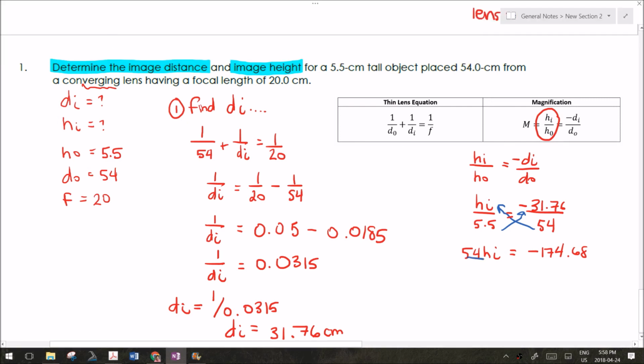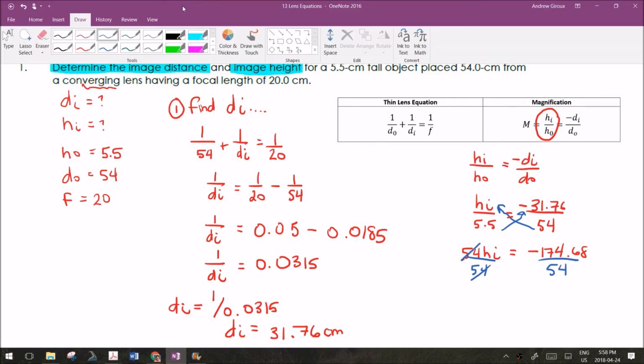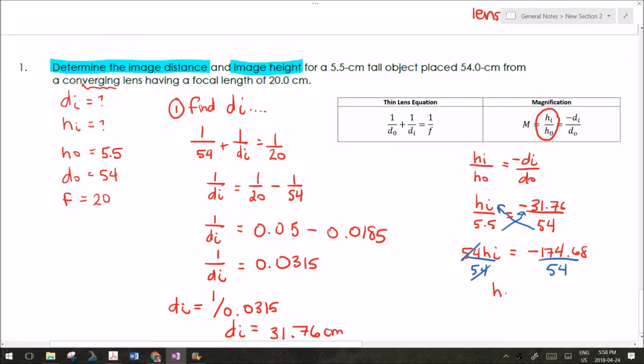Divide both sides by 54 to get hI by itself. And I end up with an answer of negative 3.24. And remember there's a negative in front of that. That's important. So now I have both height of the image and distance of the image.